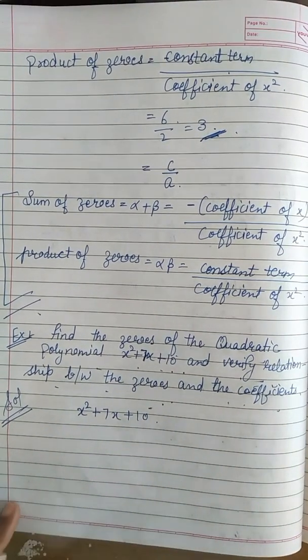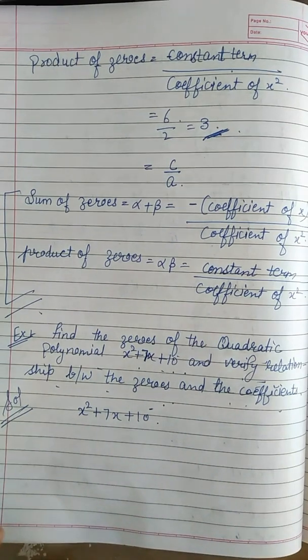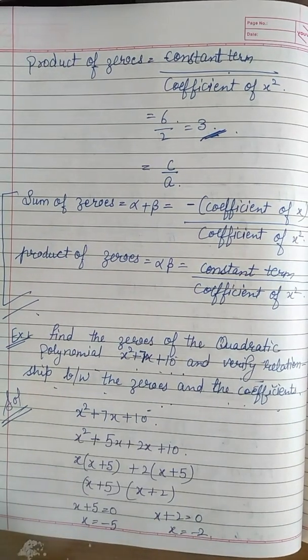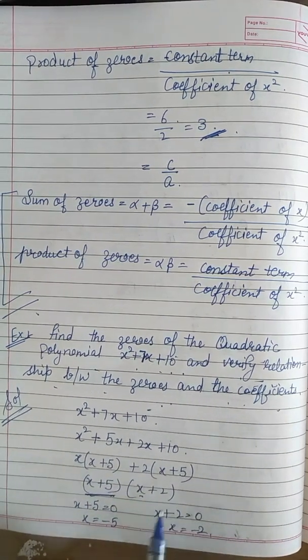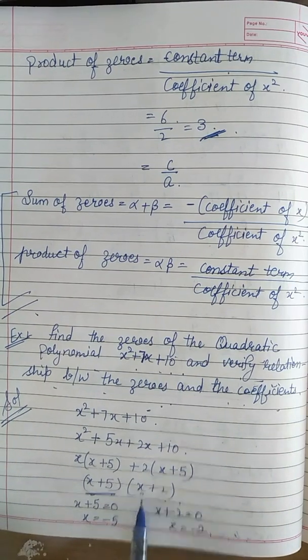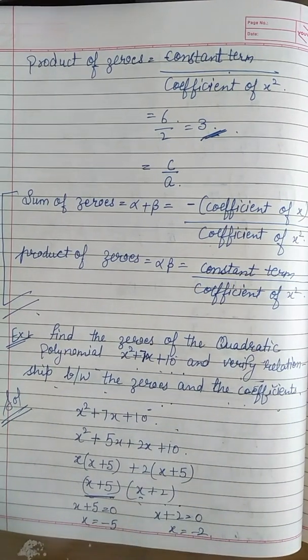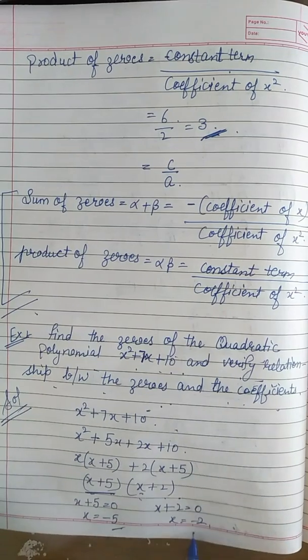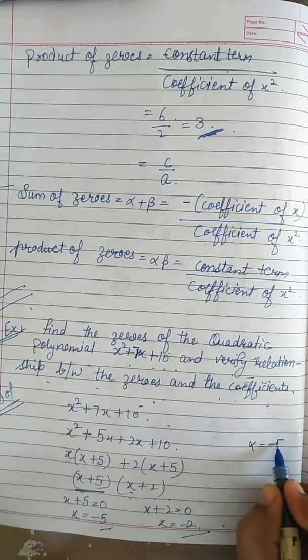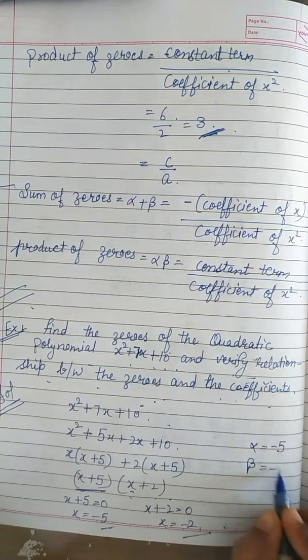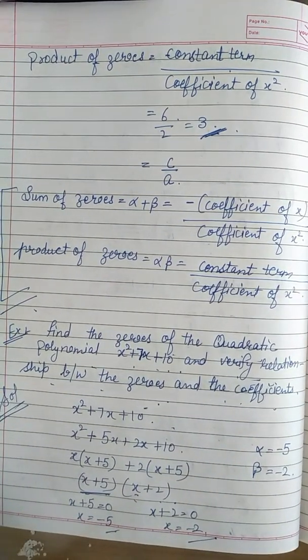First of all, we factorize this polynomial. After factorizing, x plus 5 and x plus 2 are the two factors of this polynomial. So, value of x is minus 5 and minus 2. Let us take alpha is equal to minus 5 and beta is equal to minus 2.